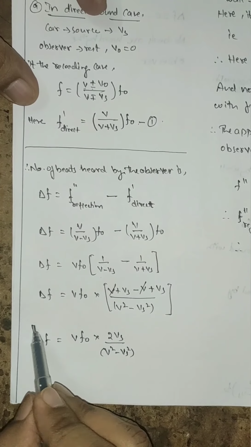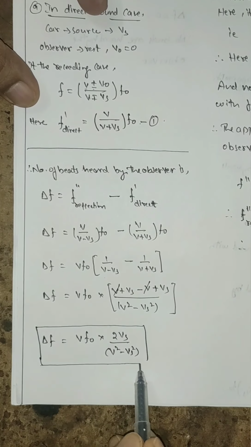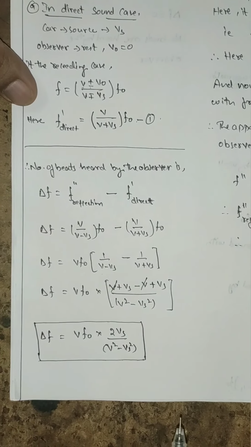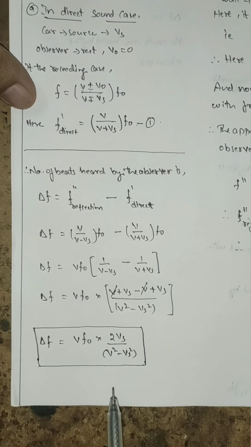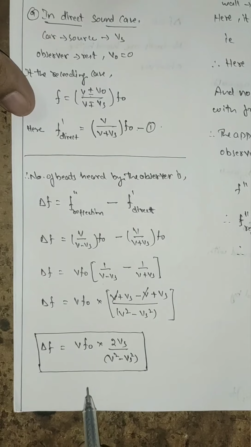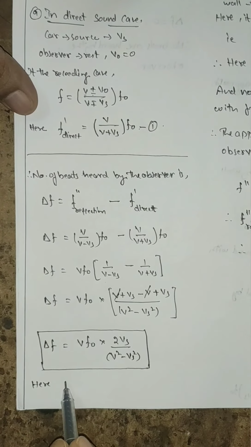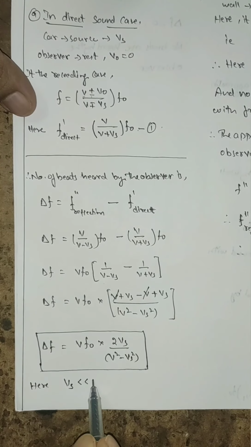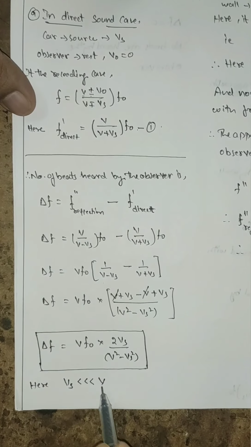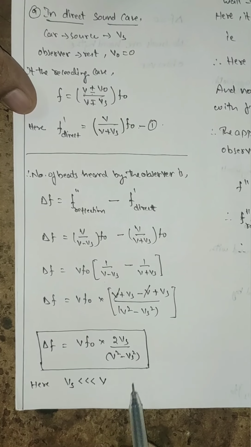So this is the change in frequency between the directly received and the reflected sound. Now here again, the speed of the source is far less than the speed of the sound, so therefore Vs square can be neglected.